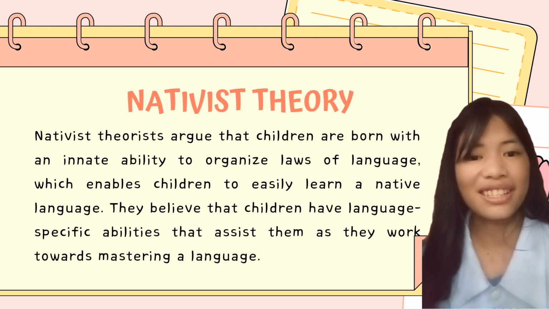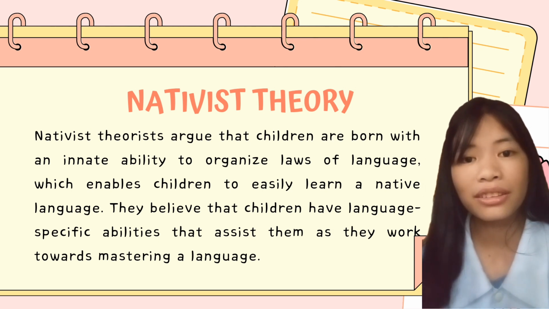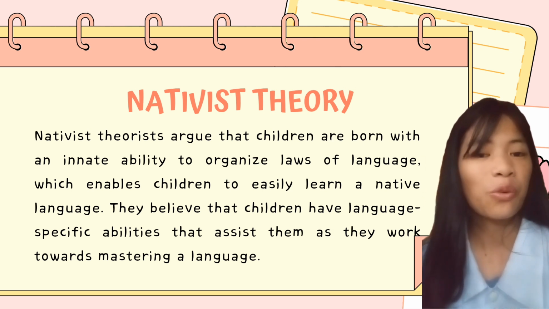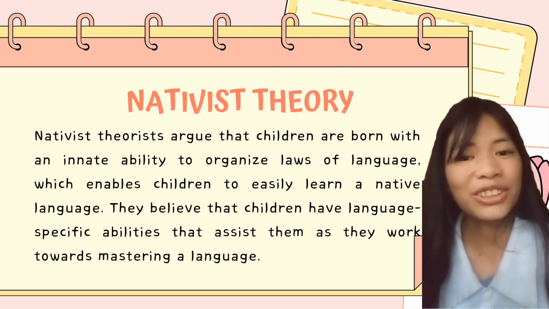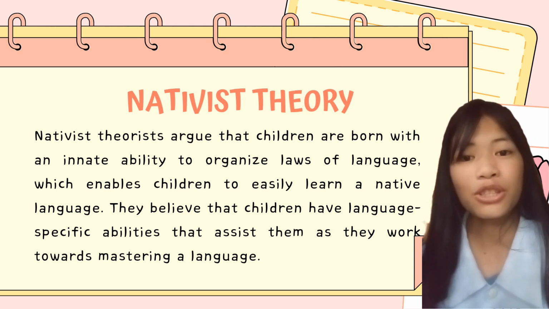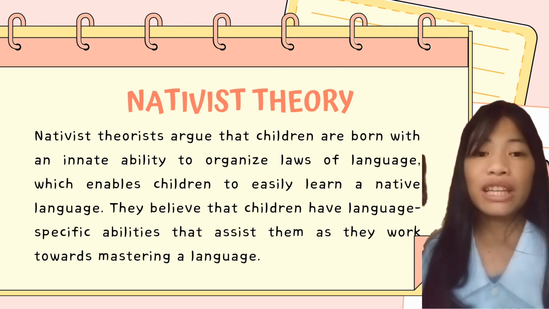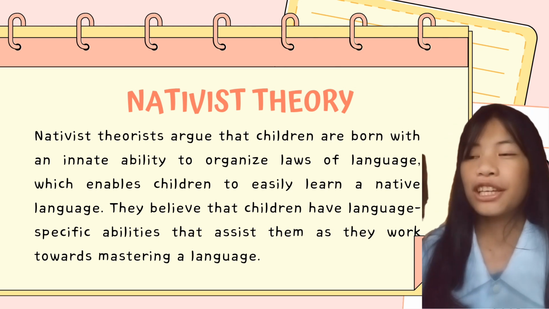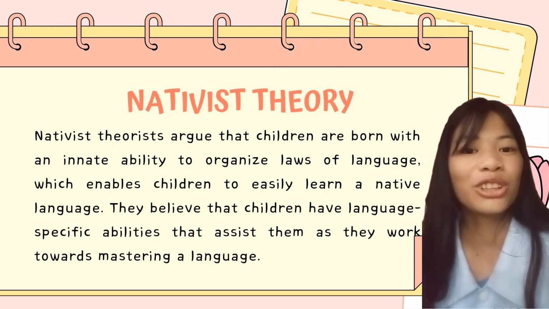Nativist theory says that from the moment we're born, we have a special ability, which is to learn a language. And this inner language tool helps kids understand grammar rules even if they don't hear perfect examples. We all know that kids learn fast.